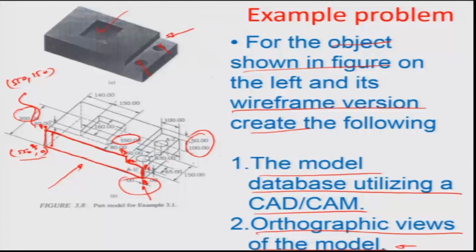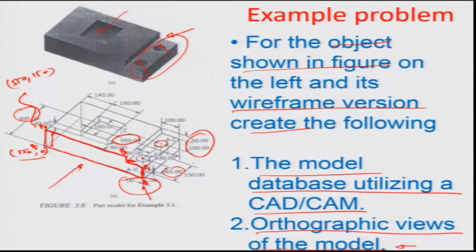The circle has a center from this side of 65. So, this is the first center, and the radius that is indicated here is 30. So, you create this circle and create a through hole by creating two parallel circles across this step of the block, and then you reflect this through a reflection command to the other side, so that both the cylinders can be taken out of the particular geometry.